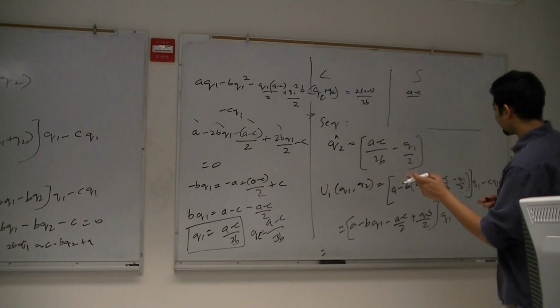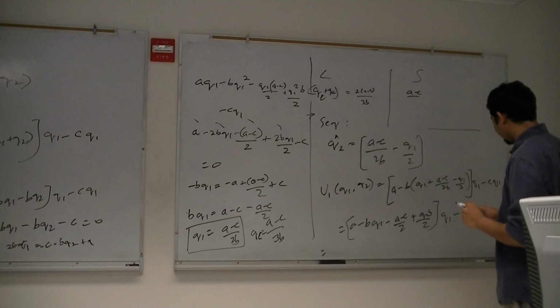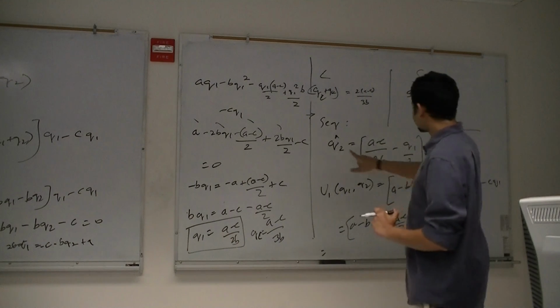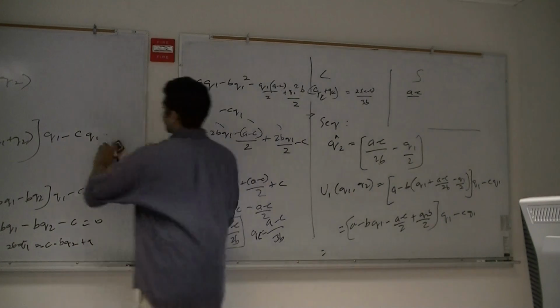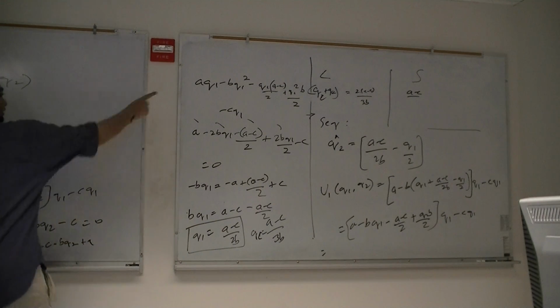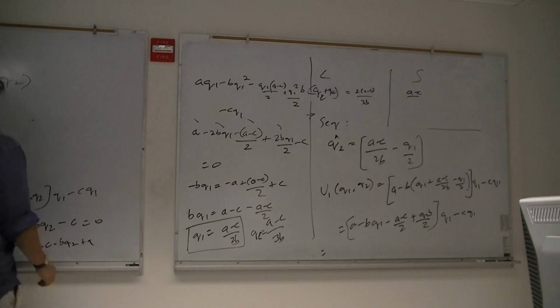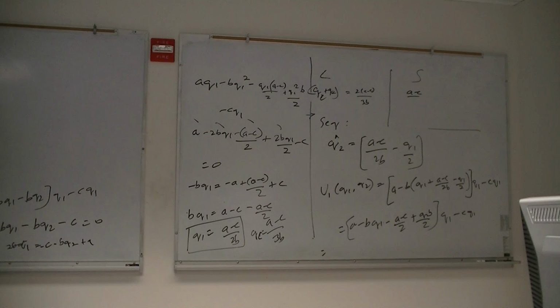So we've got Q1 here, which is (A minus C) over 2B. Let's try to compute Q2. Now I'm just trying to compute the total quantities in the Stackelberg and the Cournot model.